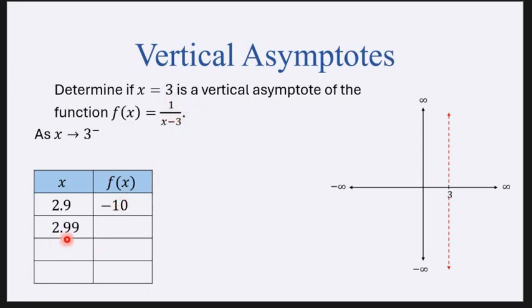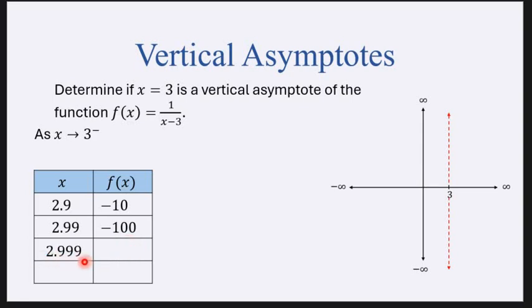And when I plug in 2.99, I get 1 over 2.99 minus 3, which is 1 over negative 0.01, which when you take the reciprocal, you get negative 100.